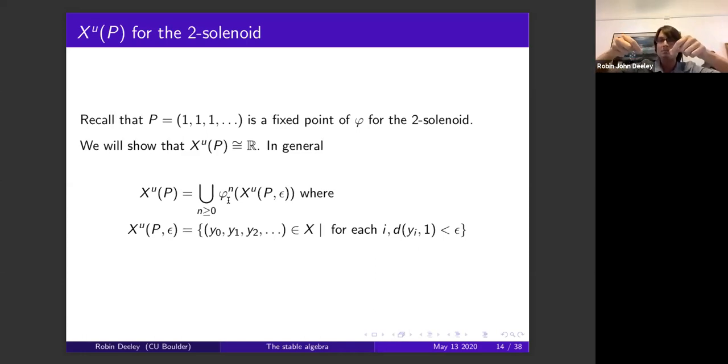And because it's the expanding direction, they expand out as we go along and start winding around the space. And that produces a topology on XUP where we've taken the subspace topology on the local unstable set. So this set here is the subspace topology. This has the topology of this union, right, when we're thinking about it like that.